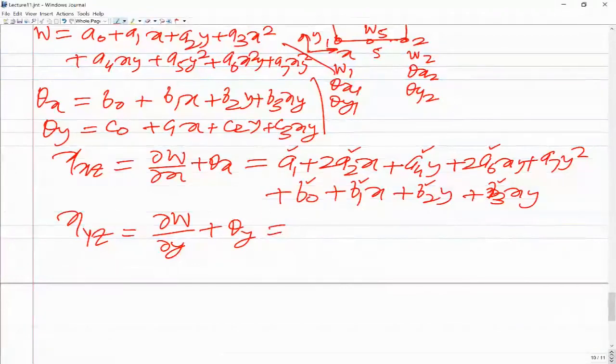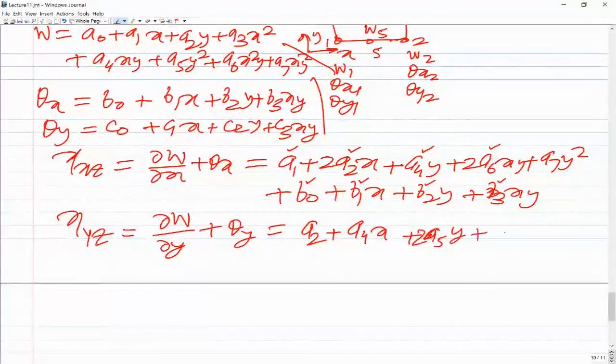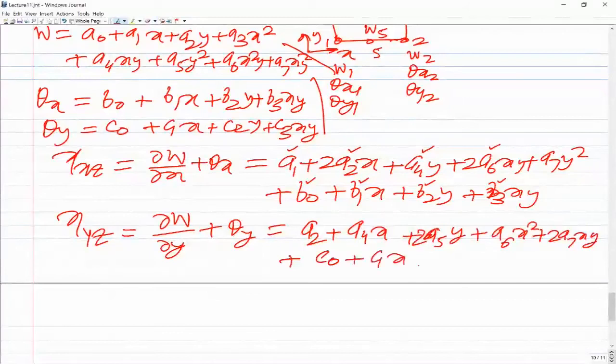So this will be a2 plus a4x plus 2a5y plus, it is just the differentiation of a6x square, plus 2a7xy. You're just differentiating w with respect to y. And of course theta y is already c0 plus c1x plus c2y plus c3xy.